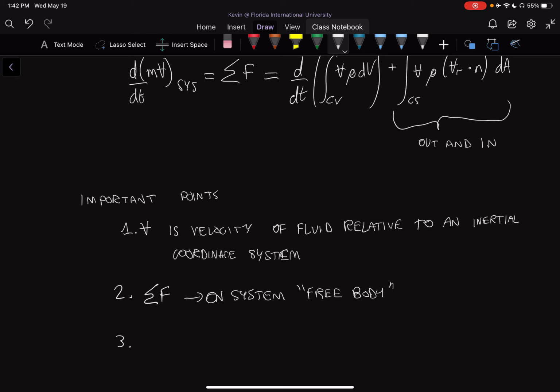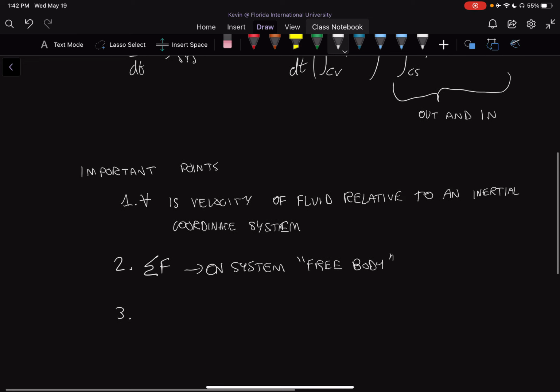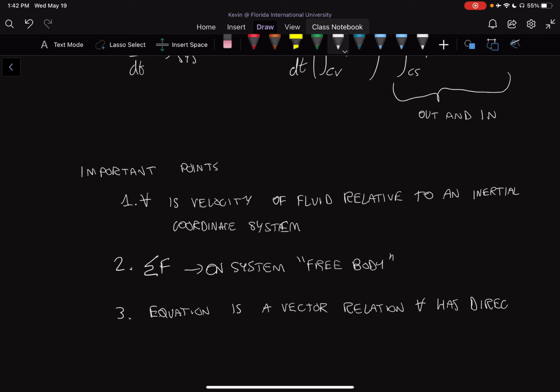And number 3, the entire equation is a vector relation, and V essentially has direction.